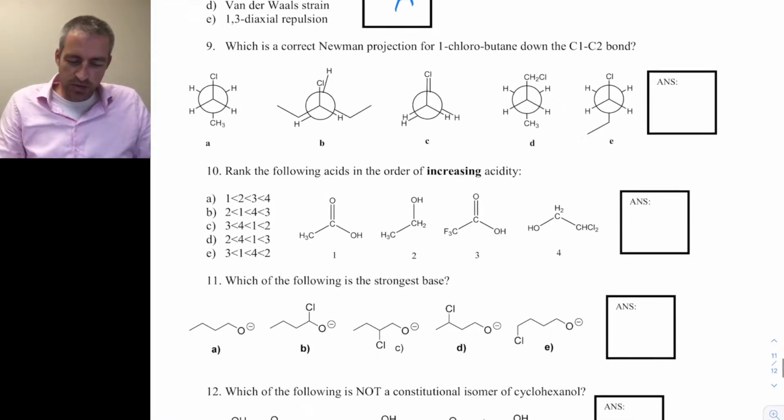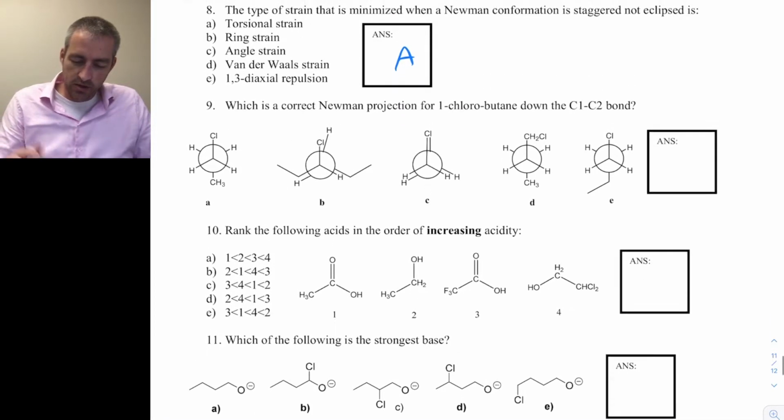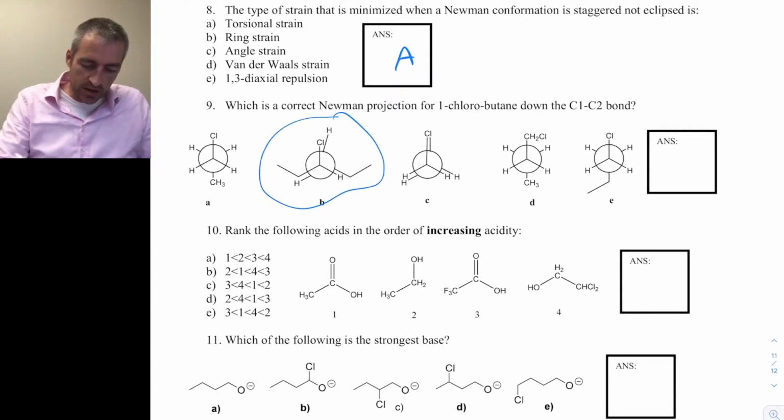What's a correct Newman projection for 1-chlorobutane looking down the C1 bond? This one's definitely out. It's got way too many carbons. Okay, looking at these, we can have 1, 2 is the big fat one there. 3, that's 1-chlorobutane. So this one's a candidate.